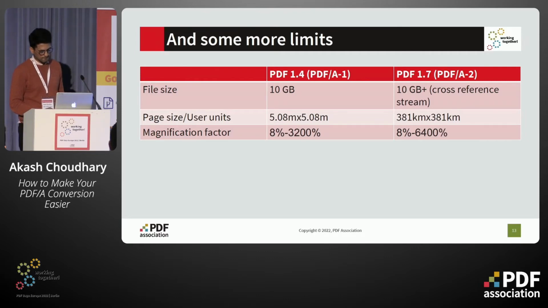file size limit. When I talk about page size or user units, in PDF 1.4, this limit is 508 centimeters by 508 centimeters, and in PDF 1.7, there is basically no limit, or you can say 381 kilometers, which is a very high number. Now, you can think of why this page size matters.